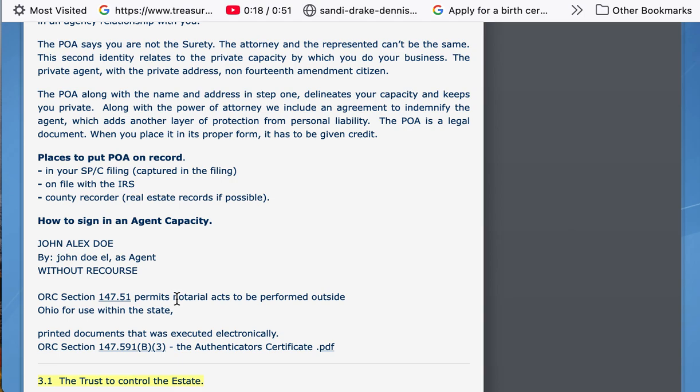And you can use it by finding the statute in your state that basically says this same thing: it permits notarial acts to be performed outside of Ohio for use within Ohio. So that means if I need to get something notarized in Trumbull County, Ohio, and I was in California, I can get it notarized in Los Angeles County for Trumbull County, Ohio.